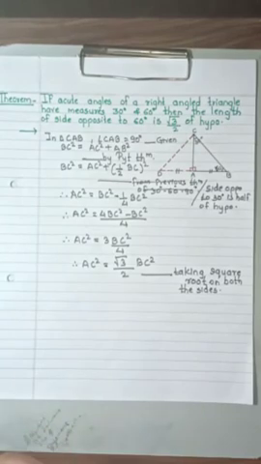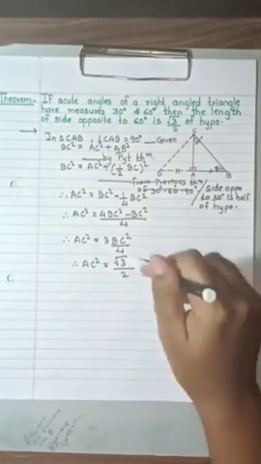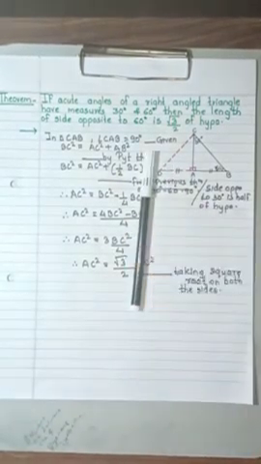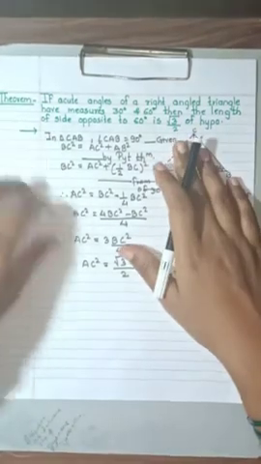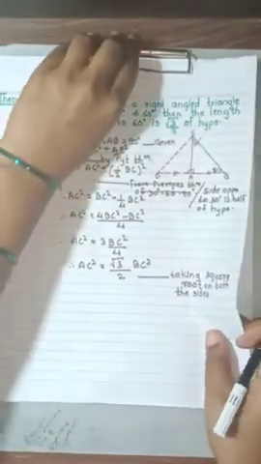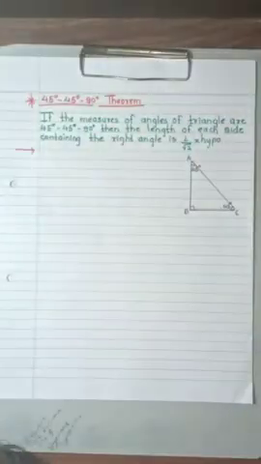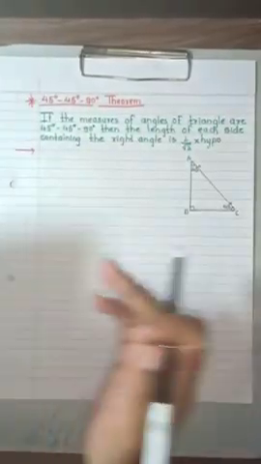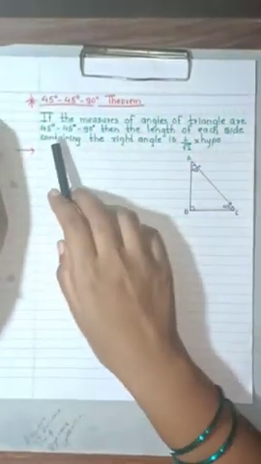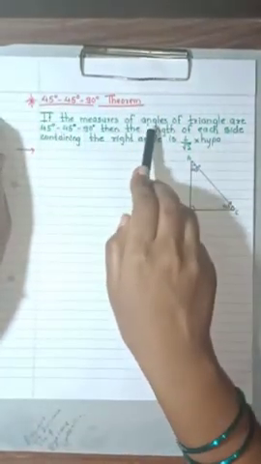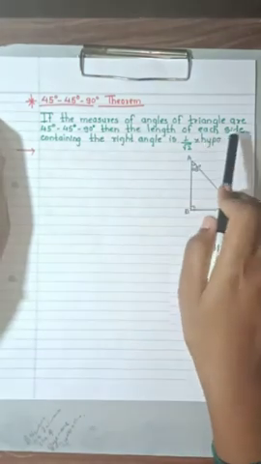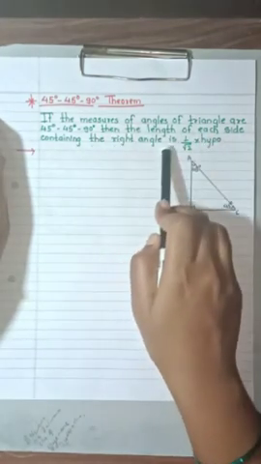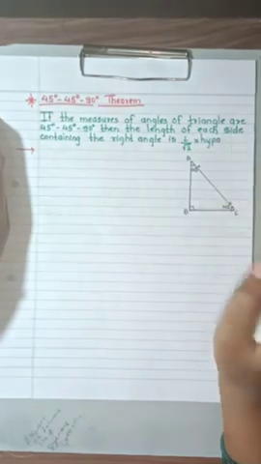Okay. Now let us move on towards 45 90 degree theorem. So the next theorem is 45 90 degree theorem. Now children, in this theorem they have given you the statement that if the measure of angles of a triangle are 45 90, then the length of each side containing the right angle is 1 upon root 2 of the hypotenuse.